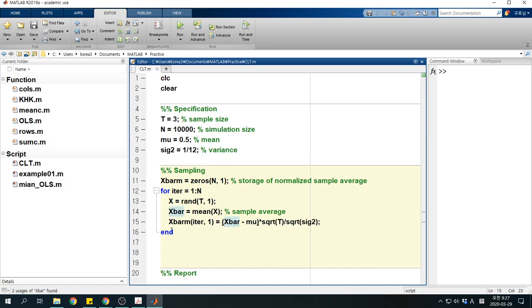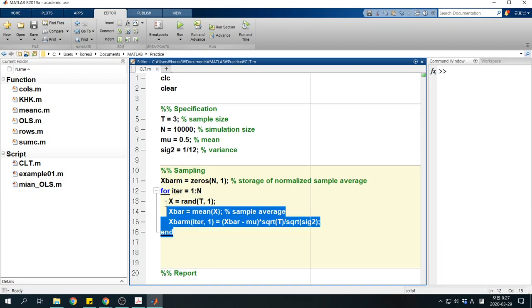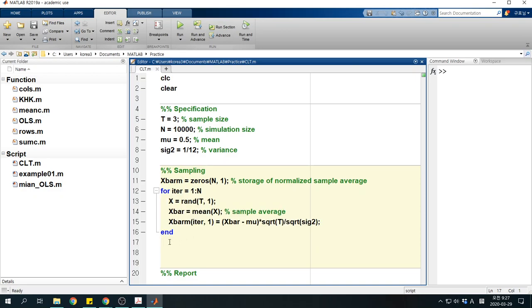Now we have end. Now ITR equals n plus 1, but n plus 1 doesn't belong here. So this for loop is done. Then MATLAB moves to the next line.